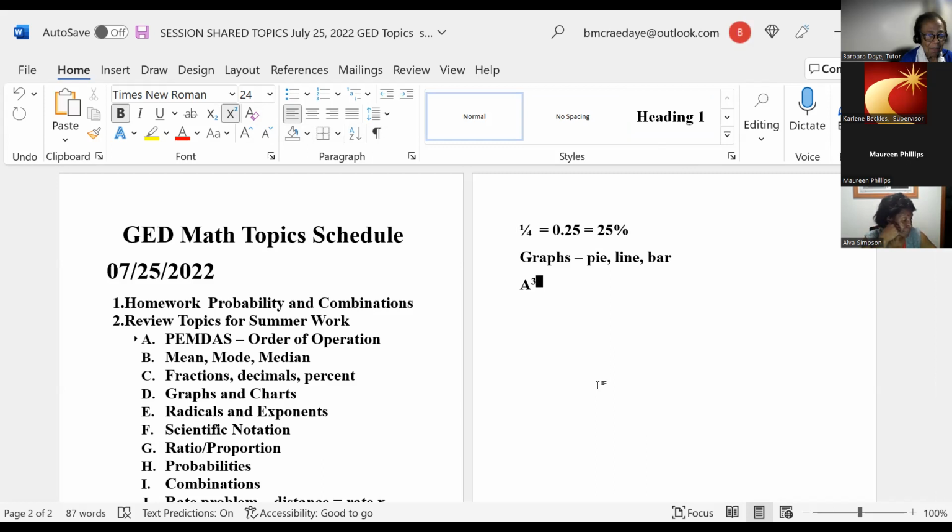Three, the power. Yes, the exponent is the power, right?